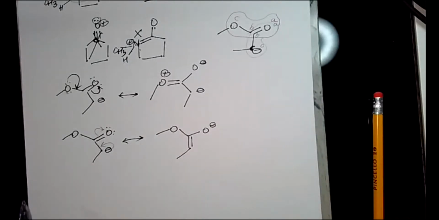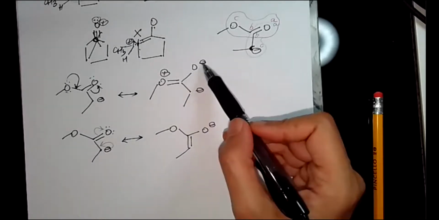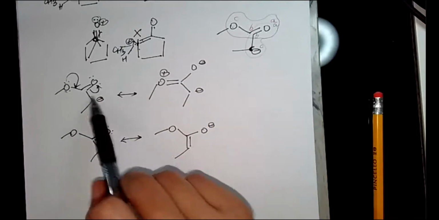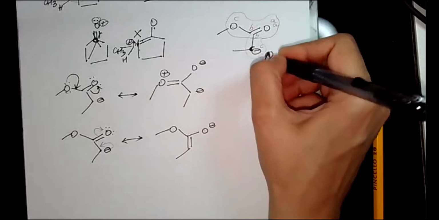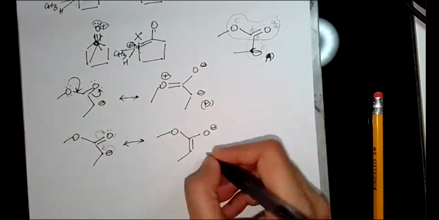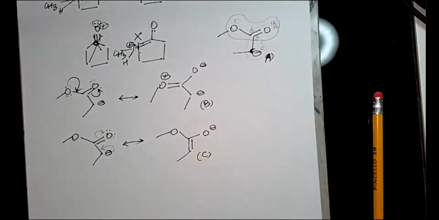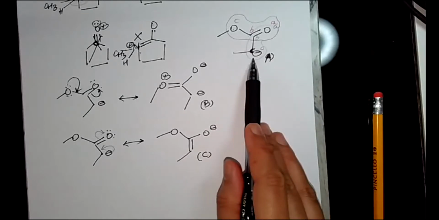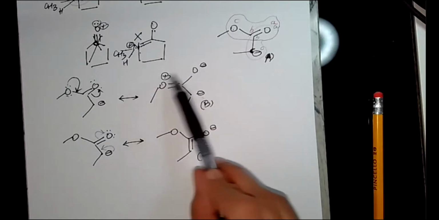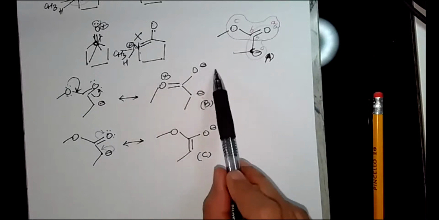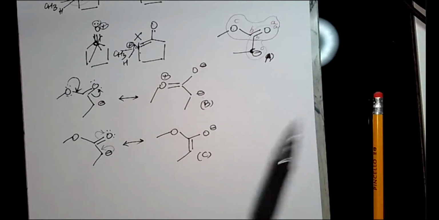So you see this? Overall, if you look at all these A, B, C, all of these are acceptable resonance structures. Overall charge is negative. Remember, these two are going to cancel out each other, the plus and the minus.